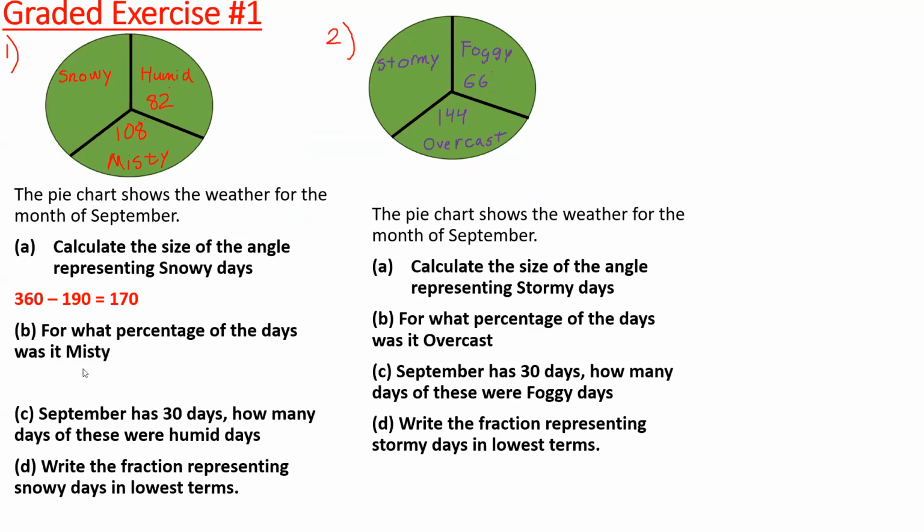How did you get your answer? 108 over 360 times 100 over 1. So we do 108 divided by 360, times 100 over 1. And what's your answer when you get that? 30. Very good.